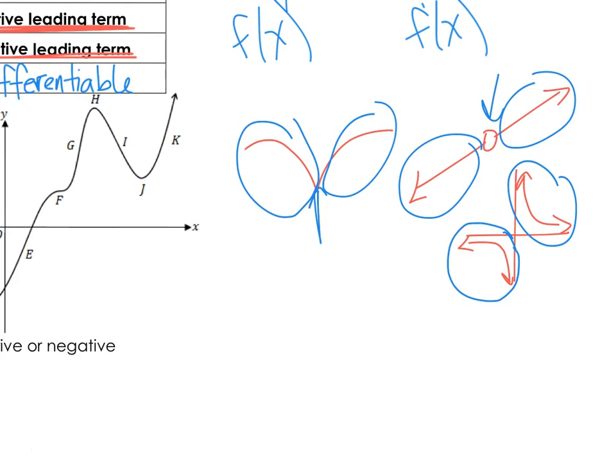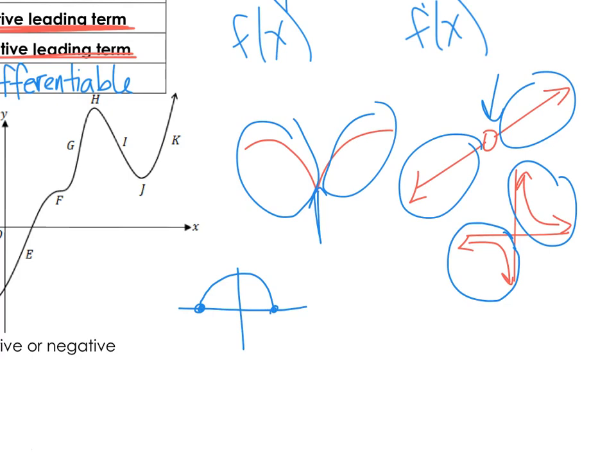Vertical tangent is probably the hardest one. The only example I feel like you guys would be familiar with at this point is this half circle guy. We did a bunch of these at the beginning of the year, like domain, range, increasing, decreasing, all that stuff.